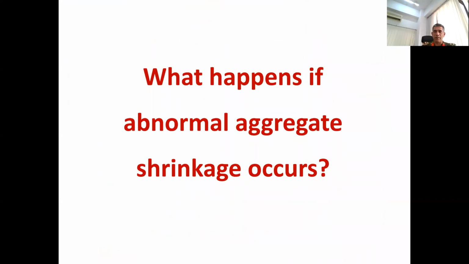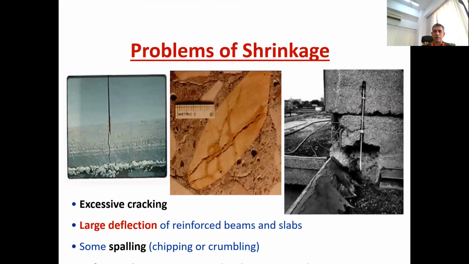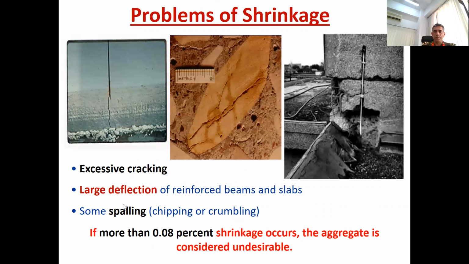What happens if abnormal aggregate shrinkage occurs? Shrinkage means a change in volume, that is, contraction of the aggregate. At that time there will be cracks in the resulting concrete. In the long term, there will be other reasons too, but in beams and slabs you will see deflection.